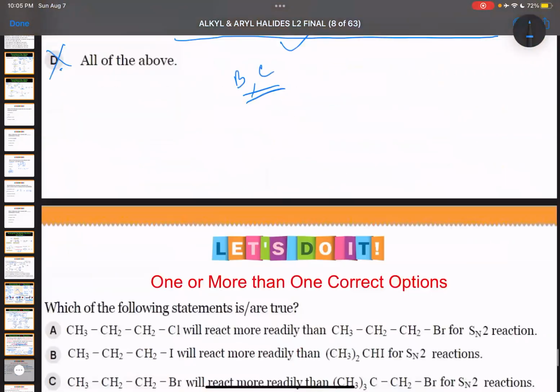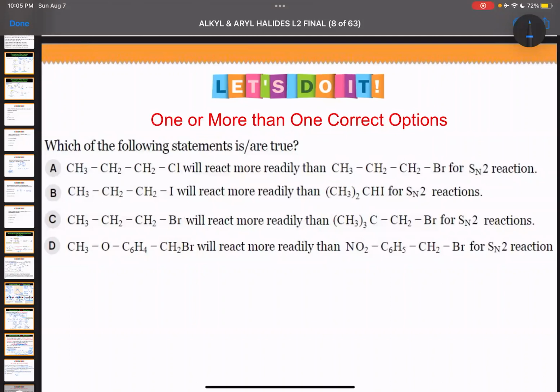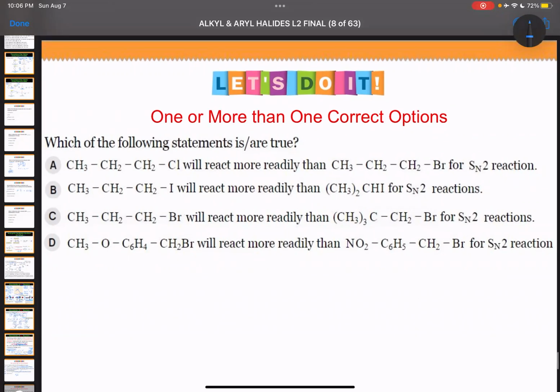Okay. And this is a bit more difficult, but you can try and you can do it. So let's try it. Yeah. So this is also one or more than one correct. A very important question, need to be discussed in detail.